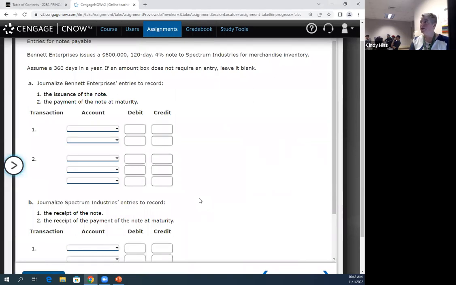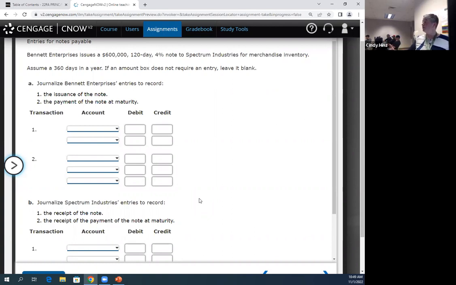Exercise 2 in the chapter 10 assignment. Entry for notes payable. Bennett Enterprises issues a $600,000. So that $600,000 represents the amount that is being borrowed.